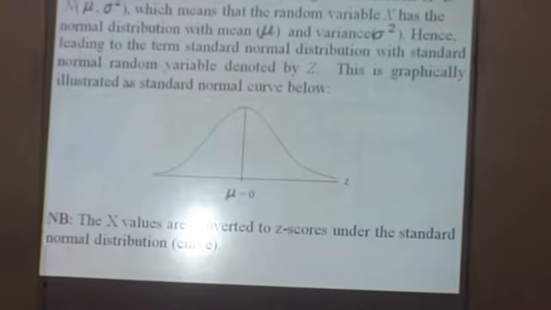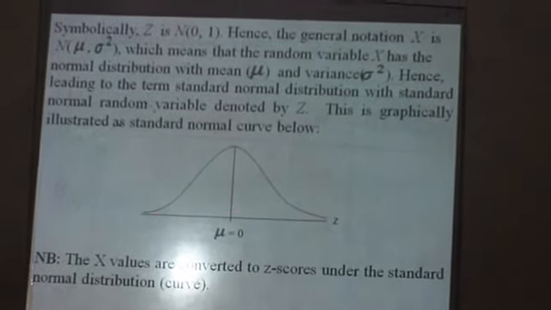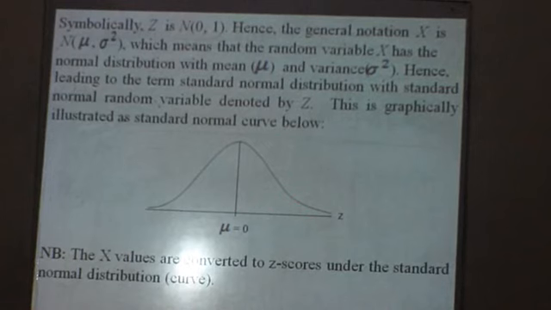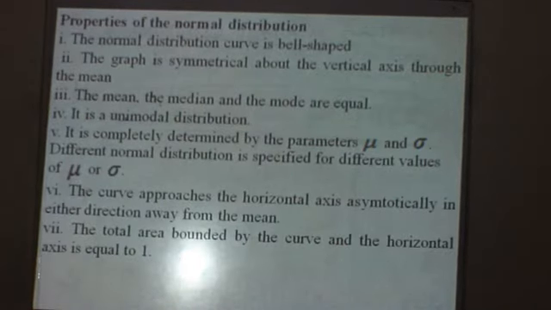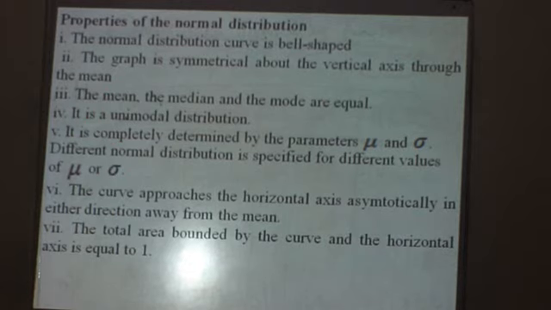When you look at the diagram, you can see that this curve is of bell shape. Hence, that property. Now, let's look at the second property. The graph is symmetrical about the vertical axis through the mean.